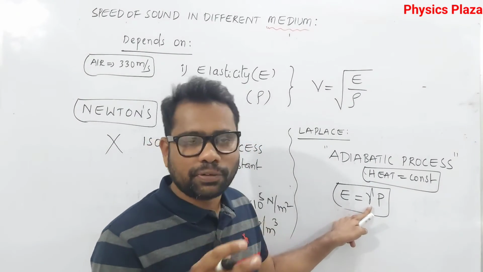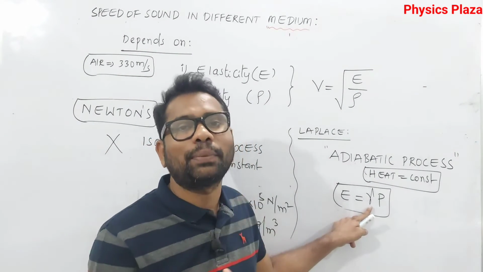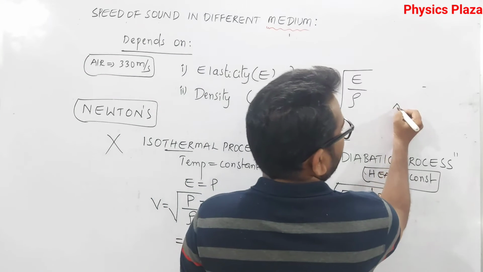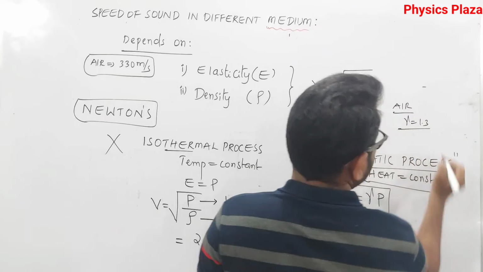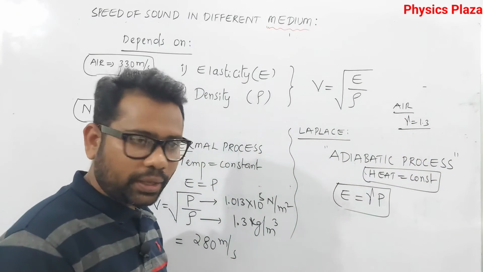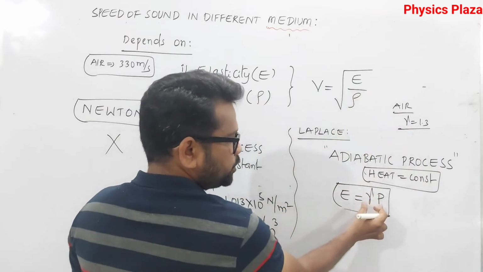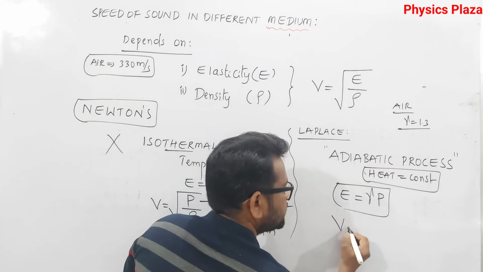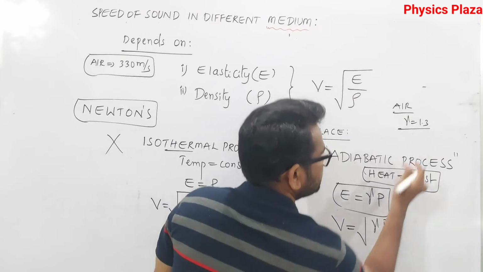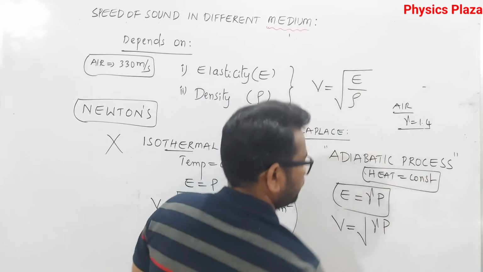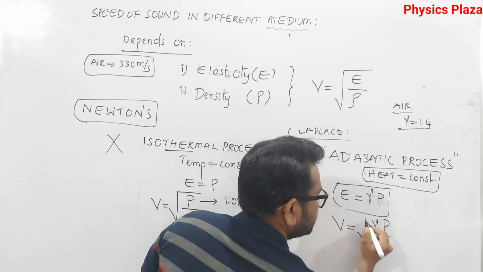In the 9th class examination they don't ask what gamma is. Just remember, for air, gamma is approximately 1.4. So in the place of E, substitute gamma P. So V is equal to square root of gamma P by rho, where rho is the density.